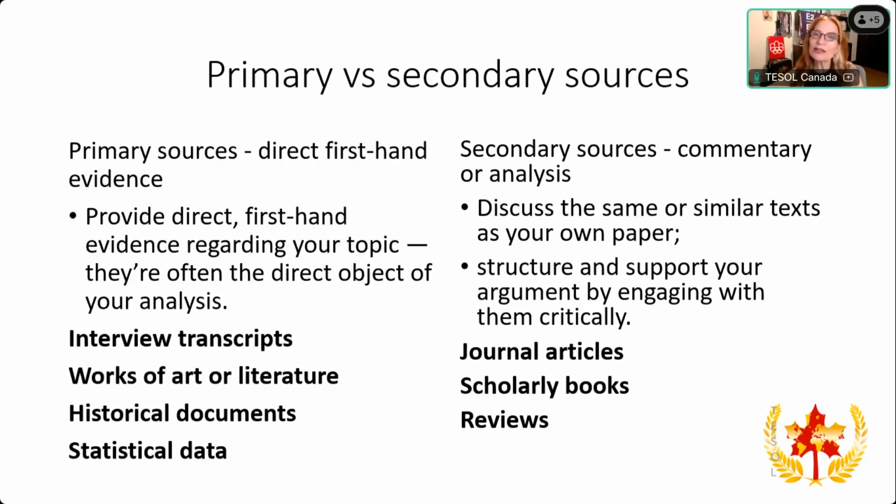The research project is a secondary source because it is going to use primary sources and other secondary sources to put it together. So then you're going to work with journal articles, books, and reviews. So your research paper in the future will be a secondary source.